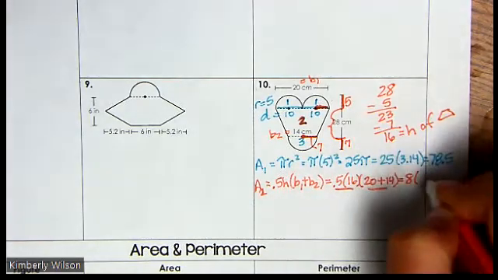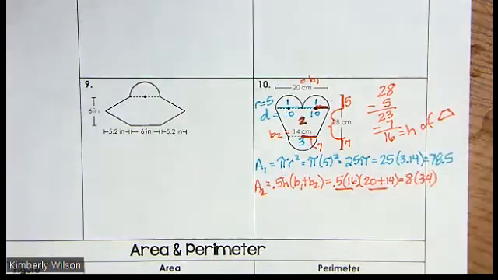And then I add these together, and that gives me 34. So we have 8 times 34, which gives me 0.5 times 16, enter.